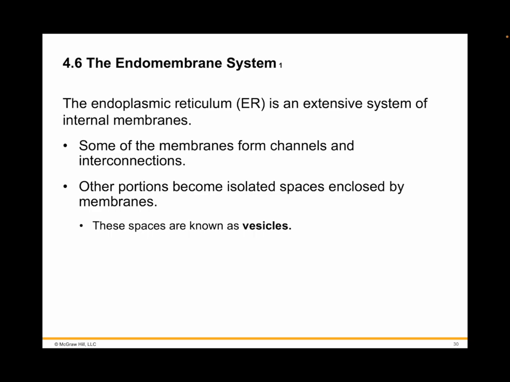The endoplasmic reticulum creates a series of channels and interconnections. It also isolates some spaces of its membrane into enclosed sacs called vesicles. The surface of the ER is the place where the cell makes proteins intended for export, such as enzymes secreted from the cell surface.